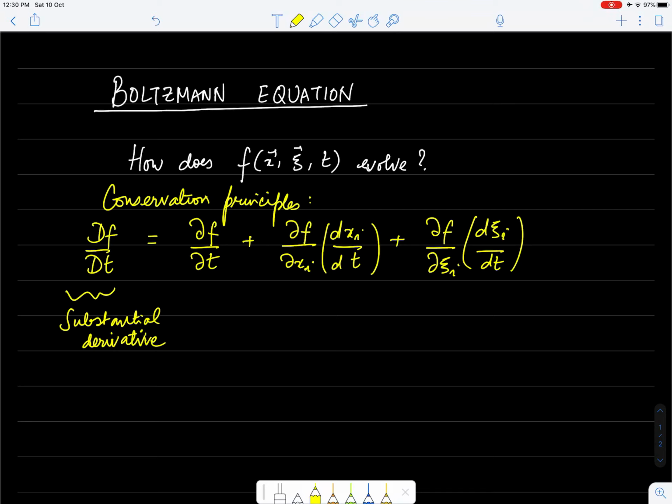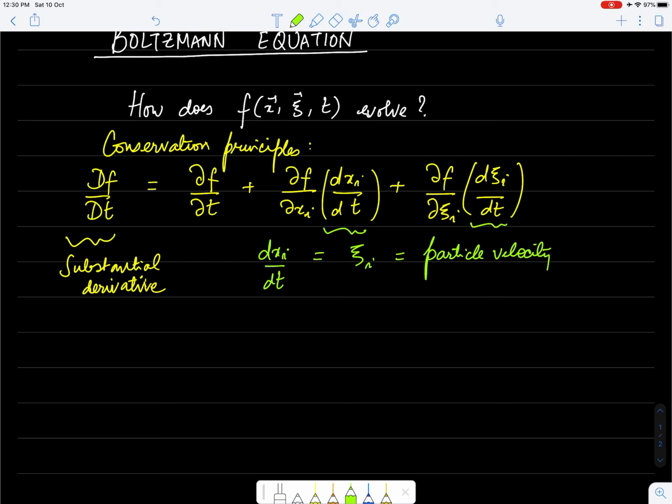Now we need to see individually the terms that are there in this equation. For example, dxi dt. What is dxi dt? That is essentially the velocity at the microscale, so I can say this is the particle velocity. Similarly, what is d psi i dt?